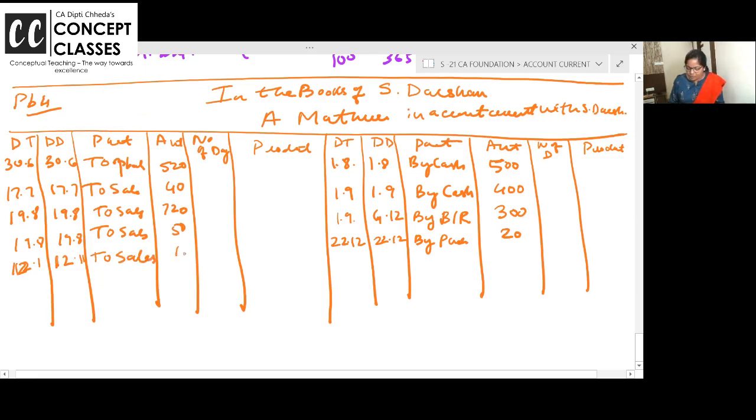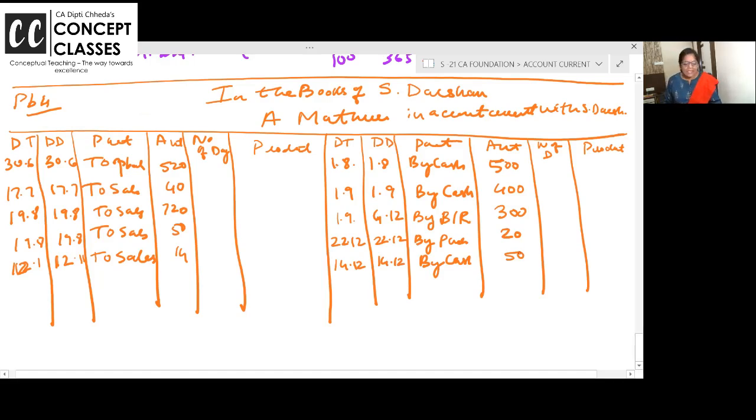Again, goods are sold. 14. Again, cash is received. 14th of December. Cash is received. 50.